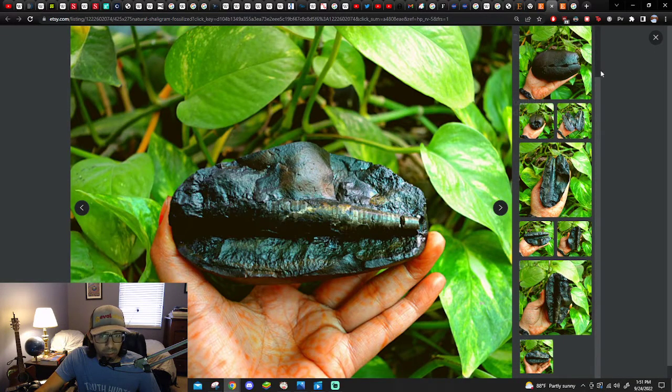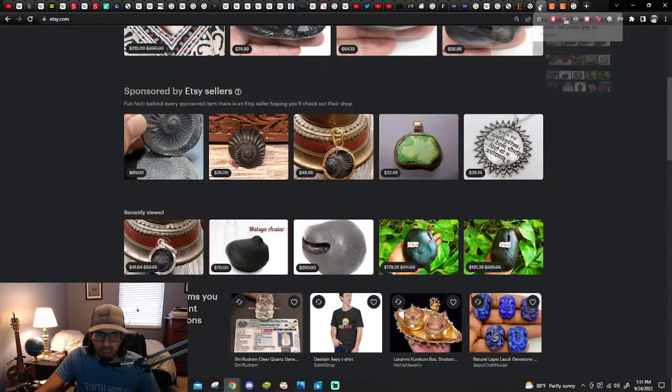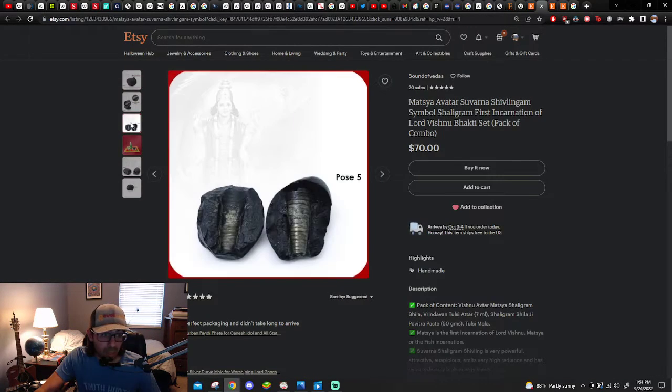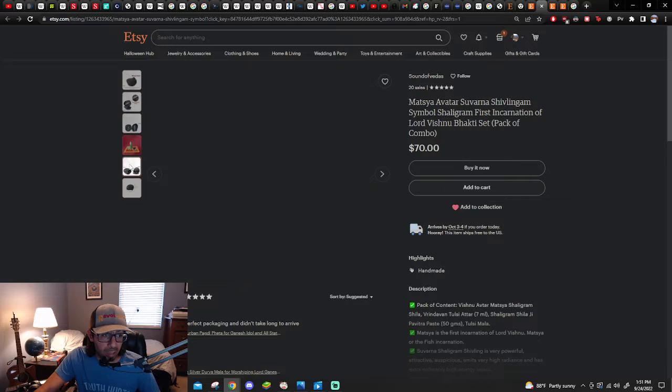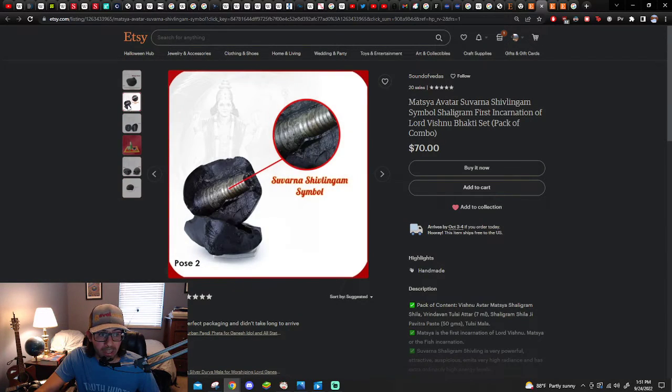Because this is really, I mean, it's still a Shaligram fossilized shell. But this one's not the same at all. Let's see, there's another one like that. So they're not even all the same structure of supposed fossil.